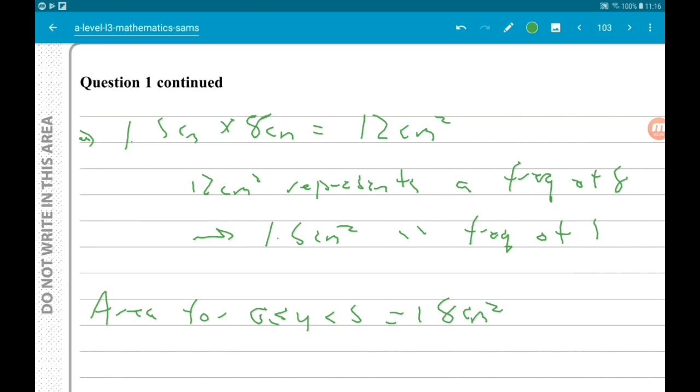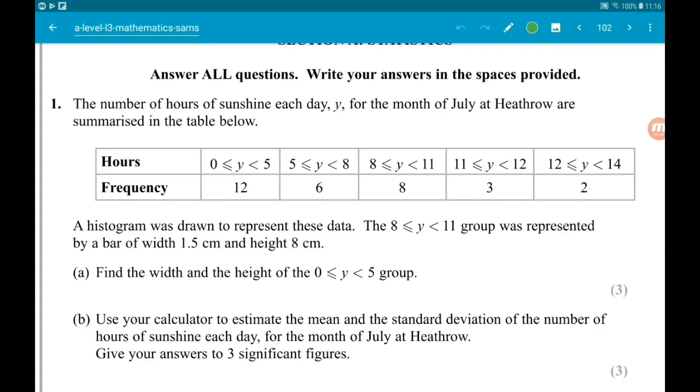What we also now need to do is work out a scale for the width. The 8 to 11 group has an interval width of 3 that was represented by 1.5 centimeters.